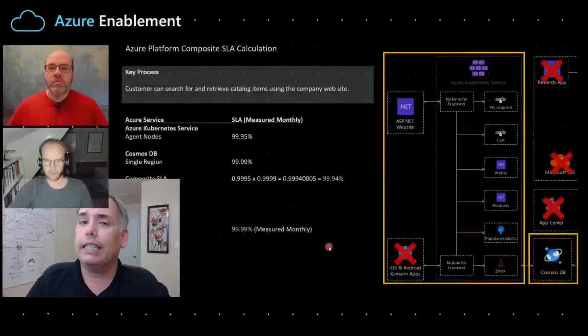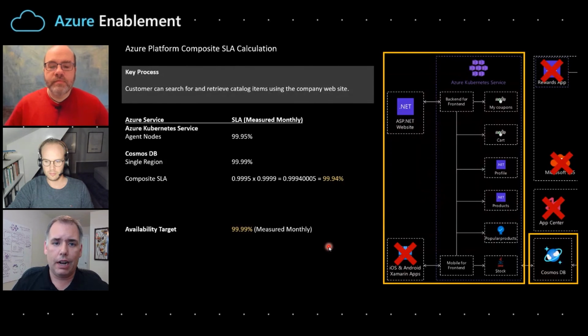And so how do we then start to do that? How can we compose those individual SLAs into a single one? Well, that's the next part of the exercise. And really, this is the last part of the exercise that we need to take for this particular process.